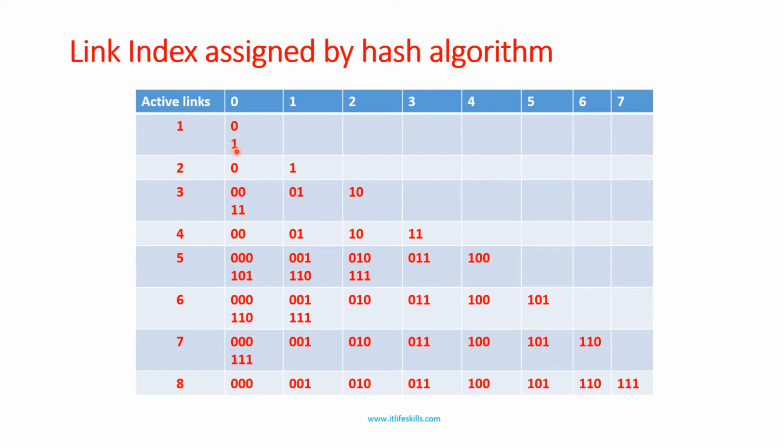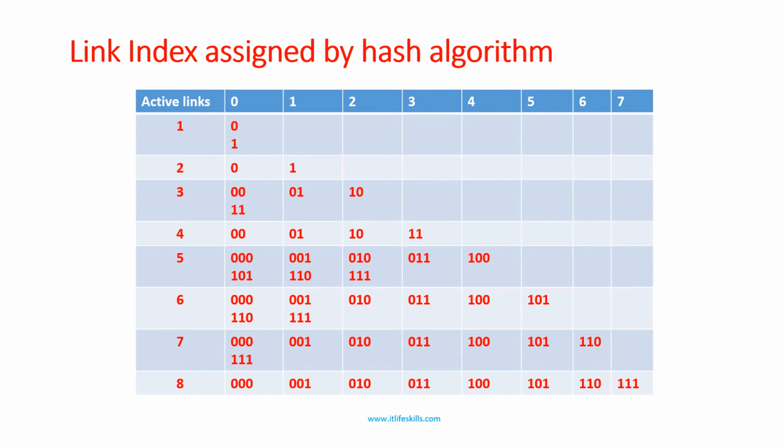But because there's only one link, link 0 will be used. Now if we have 2 active links, it also requires 1 bit. If after the XOR or the bit operation the value is 0, link 0 will be used. And if the value is 1, link 1 will be used.